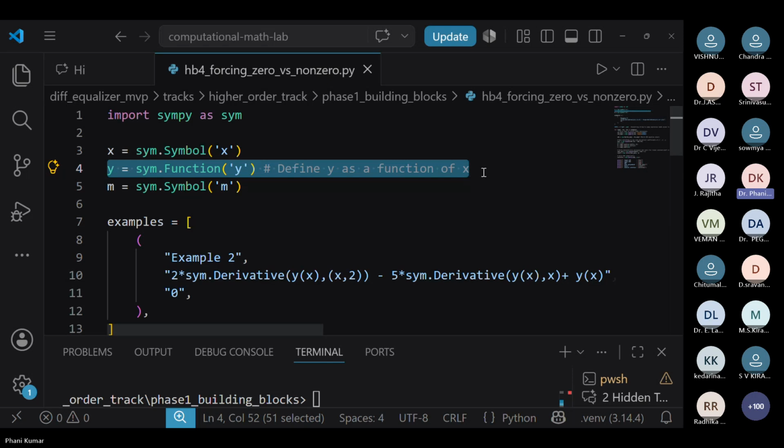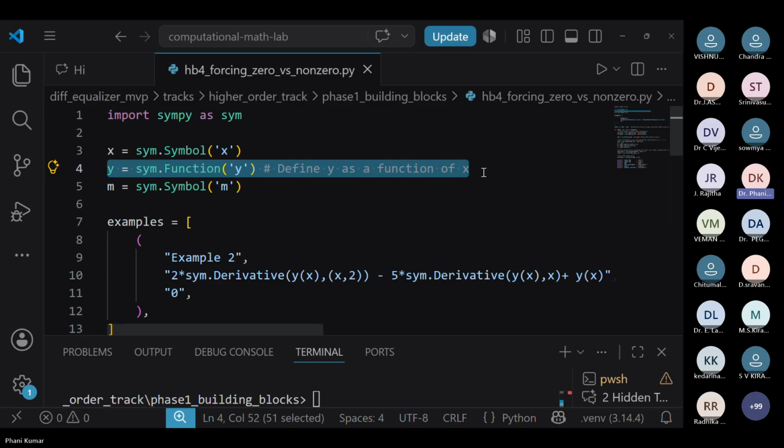Python takes that x as a math variable, not a number. So first, whatever the variable, the program always takes it as a number. So it is not a number, you take it as a variable and it is a math variable. So that's why x has sim.symbol, right?